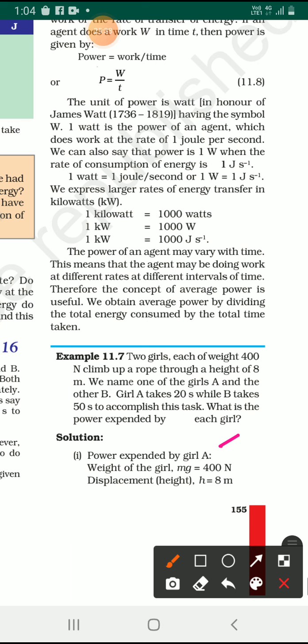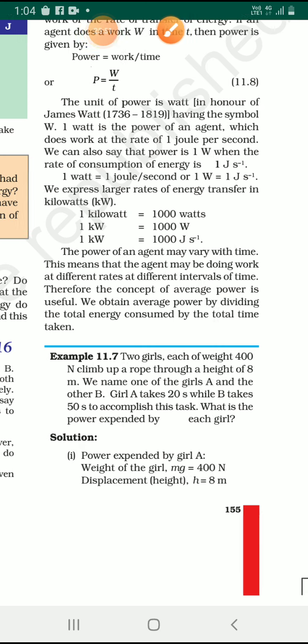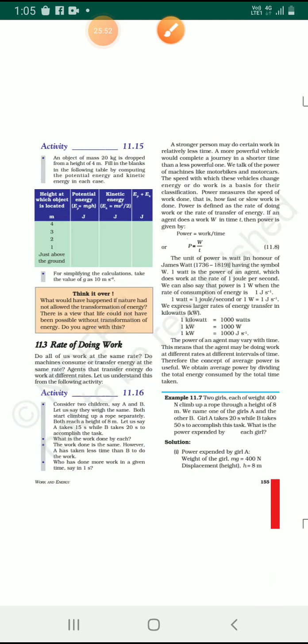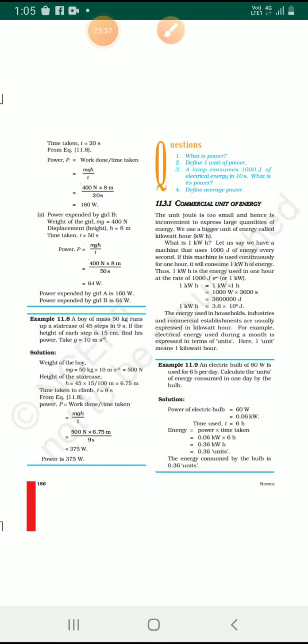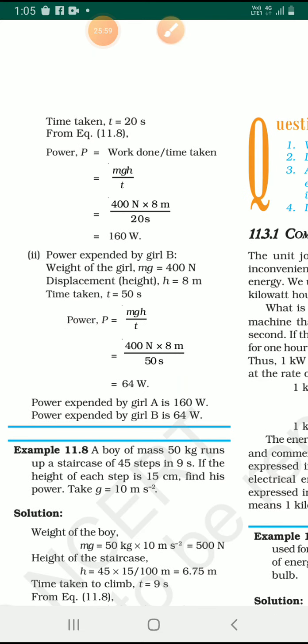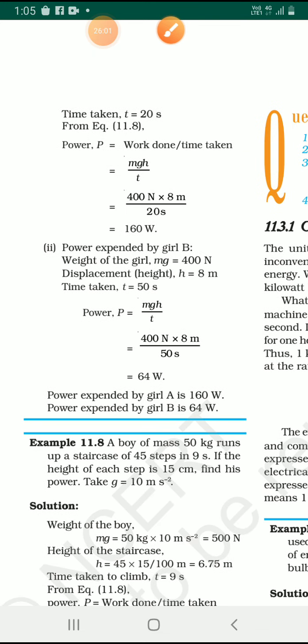So girl A, her weight, that is mass into gravity, is 400 Newton. Displacement of her is 8 meters, isn't it? Time taken is 20 seconds, you know that because it is given in the question.